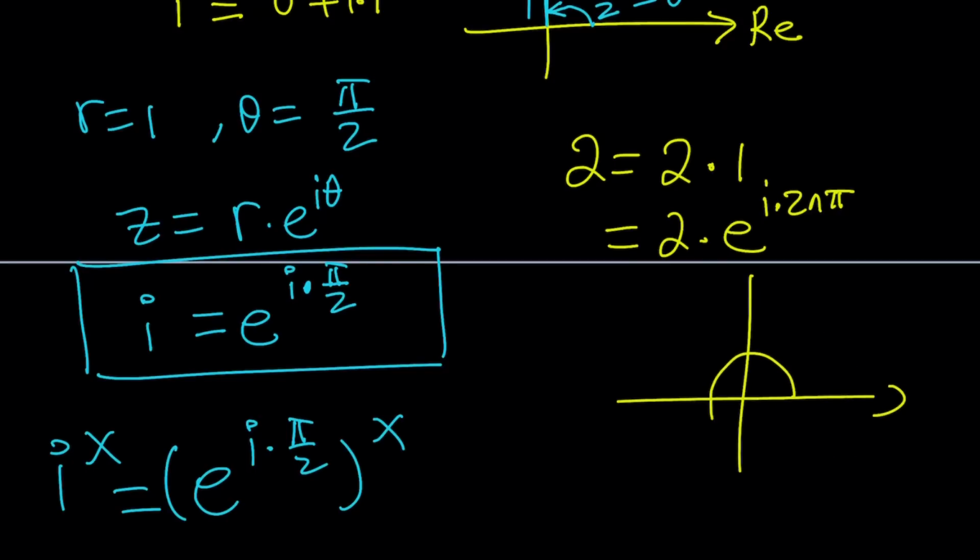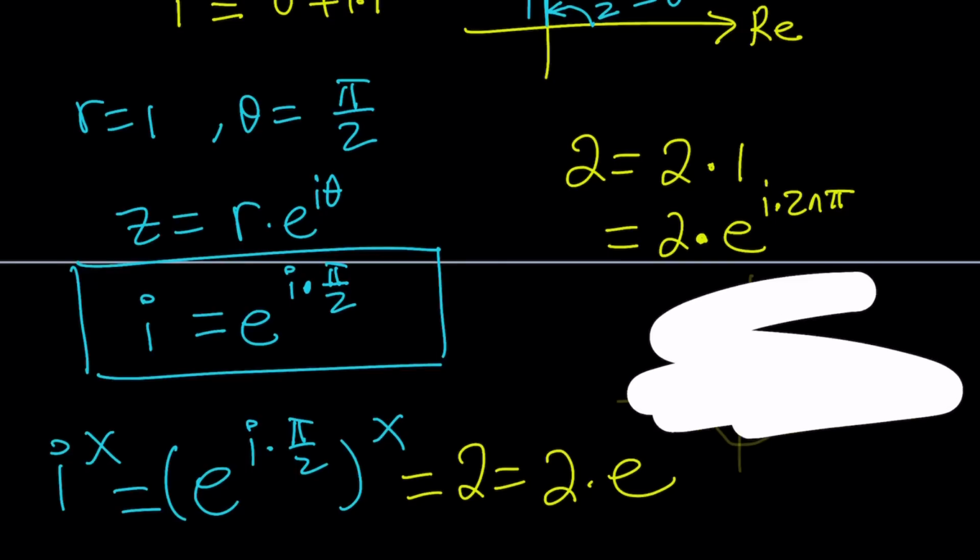Basically, all multiples of 2 pi are going to bring you to the exact same point. Make sense? And obviously, the modulus is going to be 2 because it's the absolute value. That's it. So we can replace the 2 with 2 times e to the power i times 2 pi.